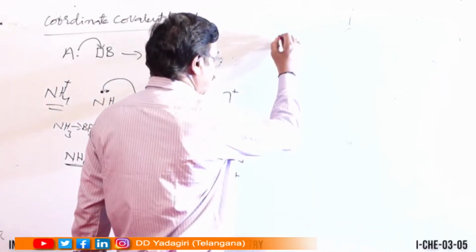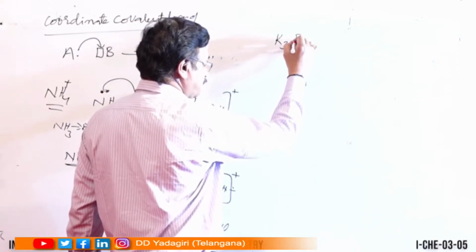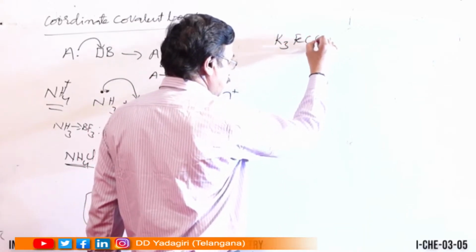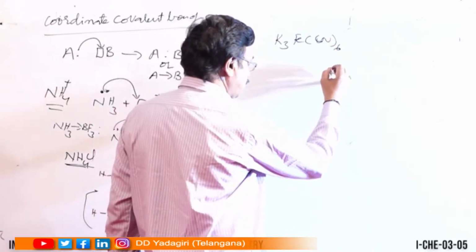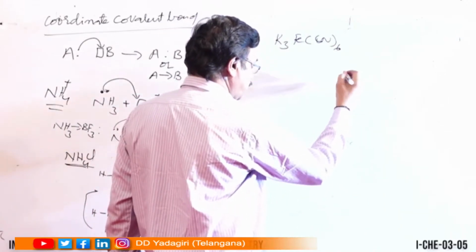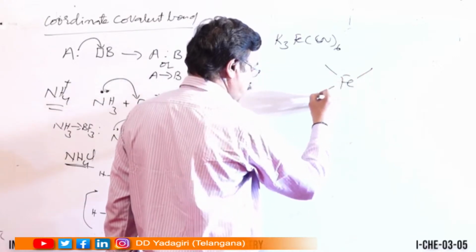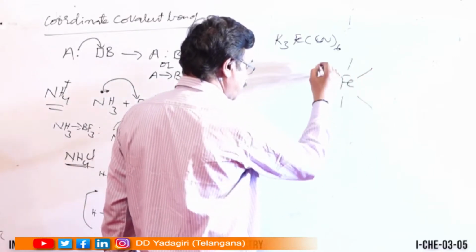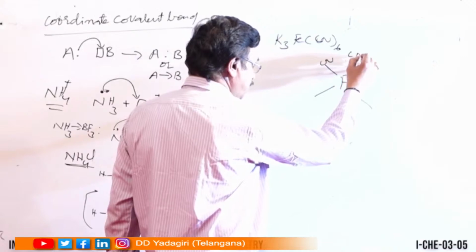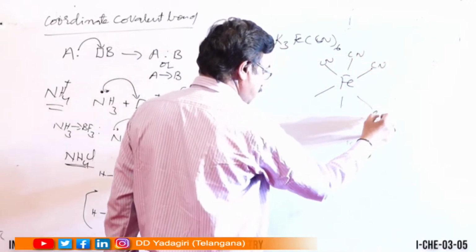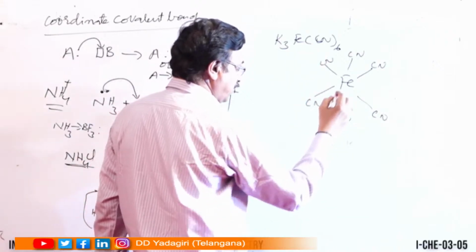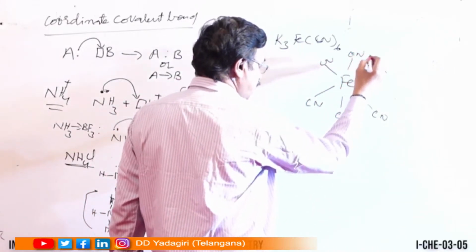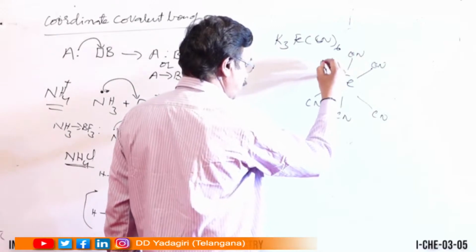Similarly, we have K3[Fe(CN)6], where Fe is surrounded by six cyanide ions, CN. In between the carbon and nitrogen we have a triple bond.